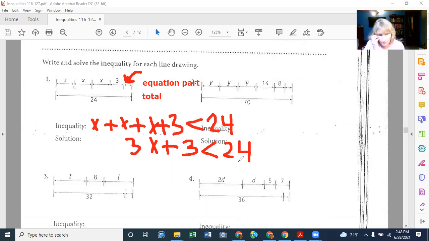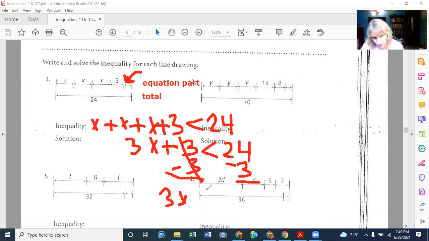And then we would solve that by getting x by itself. So we would subtract 3 from both sides. The 3's would cross off. We'd be left with 3x is less than 24 minus 3, 21. We would divide by 3 to both sides.